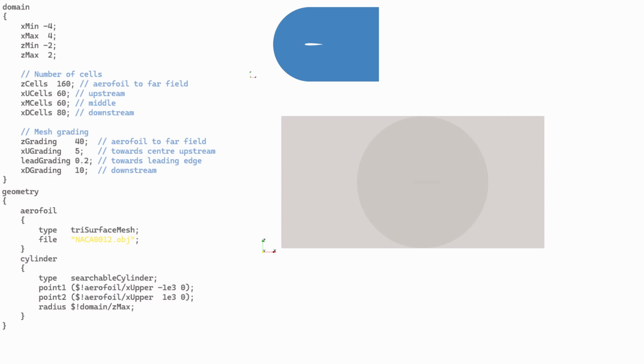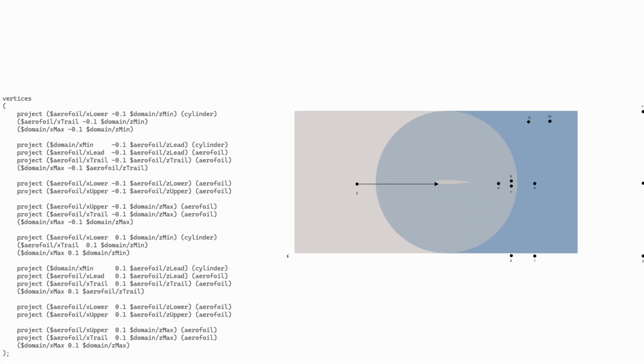Here we are saying that this cylinder is situated somewhere between point 1 and point 2 with a radius of z max, referenced from domain subdictionary. Think of this cylinder as something that is cutting our rectangle in this manner. So we are left with this blue region that will be treated as our domain now.